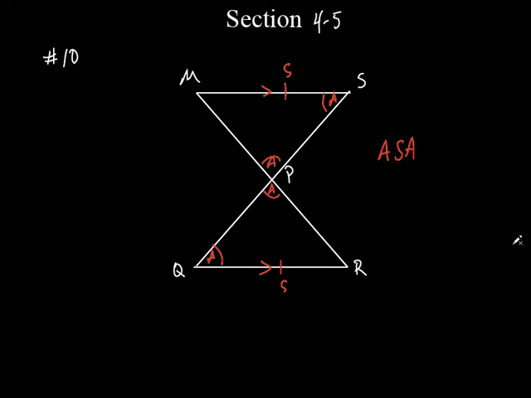So you could go either way. But you must use the reason that you use these statements for. So if I had an angle and a side in between the two angles, you would use angle, side, angle. If I have two angles and a non-included side, then you would use angle, angle, side. You good? All right. Which one are we doing? 12. All right. Let's draw that thing out.